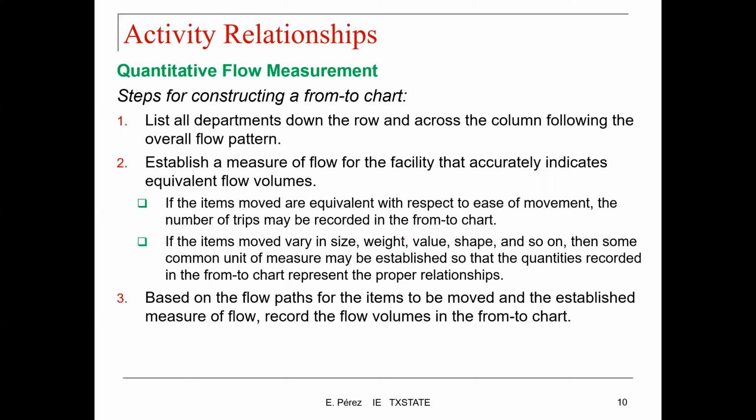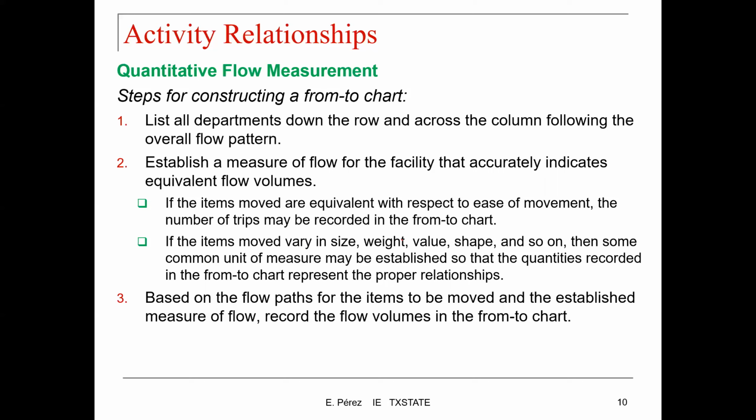So if there's a box that is twice the size of a single box, and you are using the small box to represent the equivalent flow, then for that large box, you have to quantify that as a volume of 2 boxes, and so on.